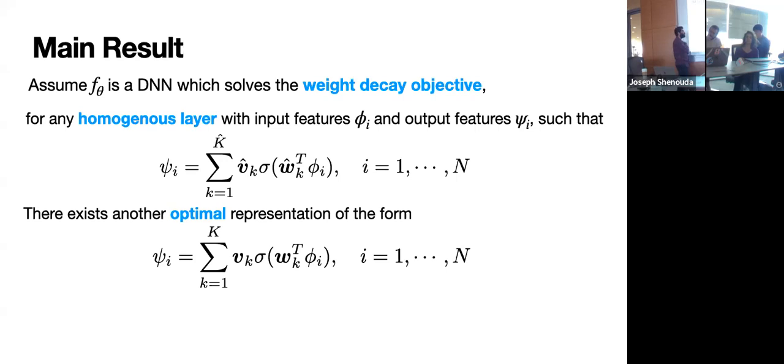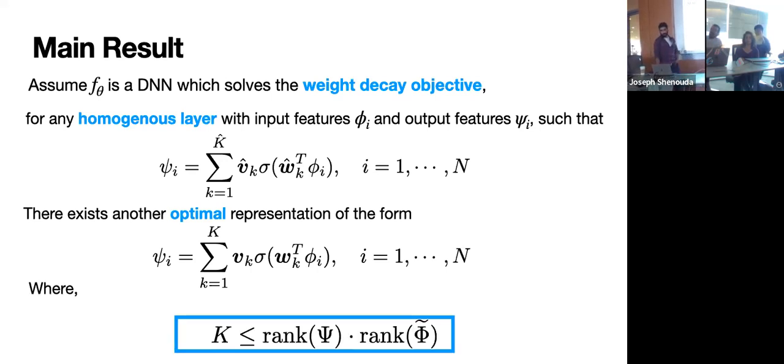So it has the same loss and gives me the same regularization value. I have another optimal representation with potentially different input weights and different output weights, where the number of neurons I need, K, is less than or equal to the rank of my output feature matrix times the rank of my post-activation feature matrix. And this is often much smaller than n times d.